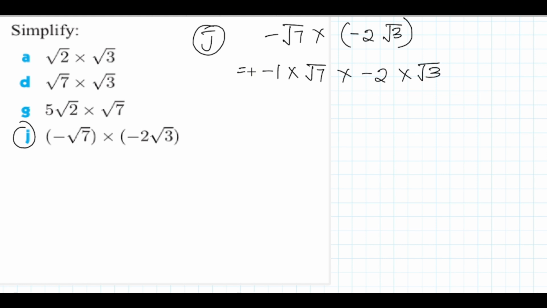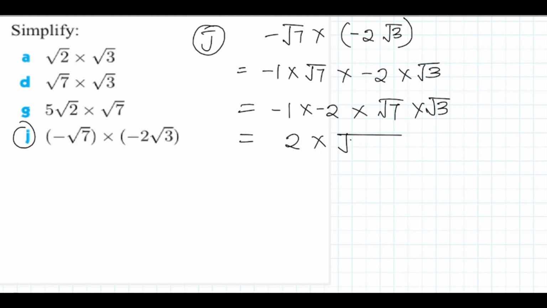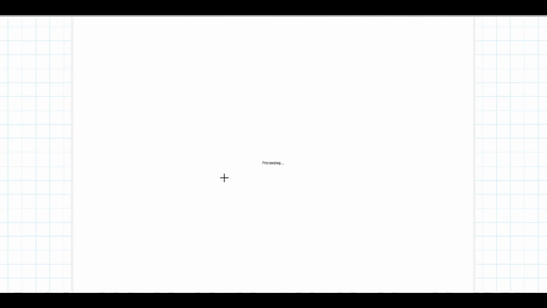So we bring the coefficient together, minus 1 times minus 2, and then we multiply the surd together, root 7 times root 3. Minus 1 times minus 2, that would be plus 2, times, we can combine these numbers under the square root, right, using the rule of surd. So that will be 2 times square root of 21, which is 2 root 21. So this is how you can simplify something like this. Okay, so it's very easy and straightforward, guys.